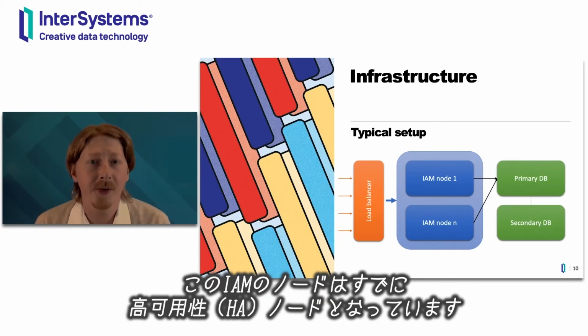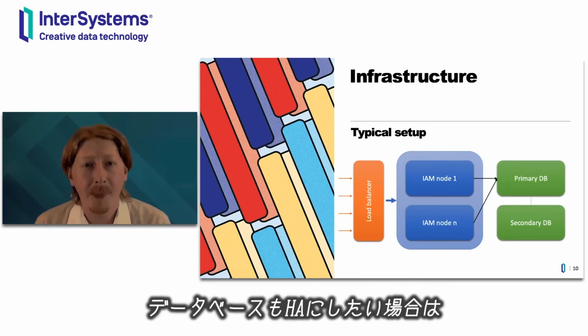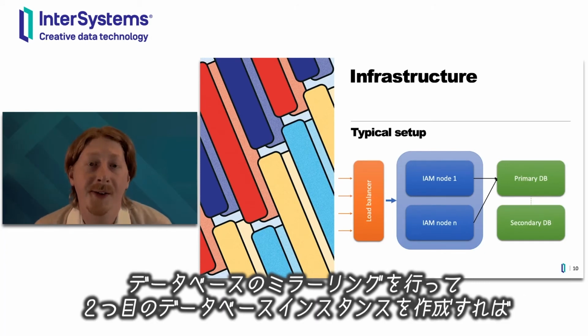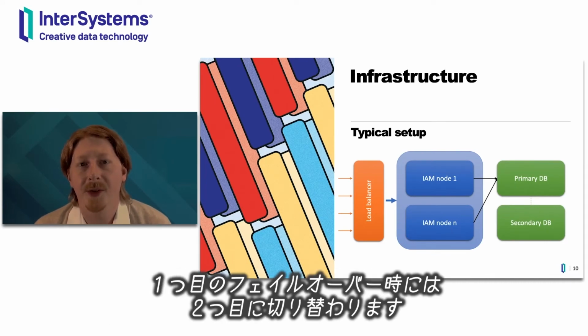This already gives you an HA mode, a high availability mode for IAM. If you want to have HA for your database as well, then you need to set up a second instance of your database that's getting mirrored as a secondary database. And that allows you to switch over to your second database if the first fails over.